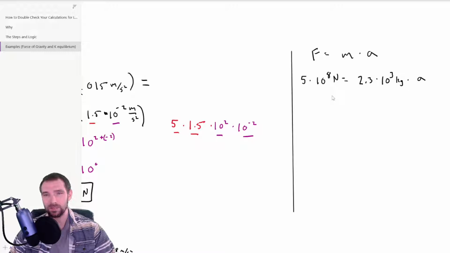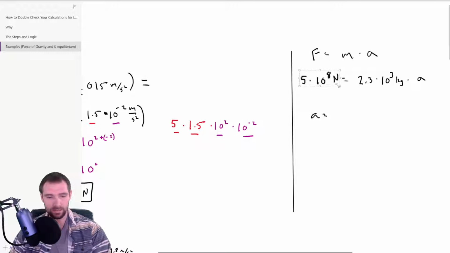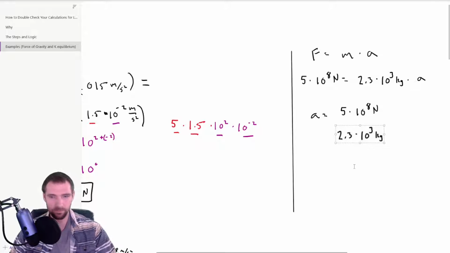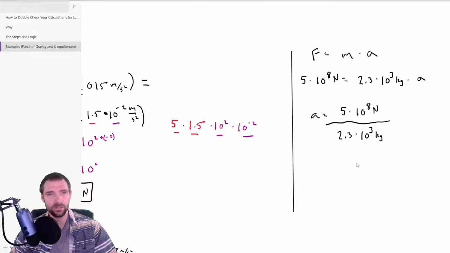Let's say if we rewrite this, we can divide both sides by the 2.3. And so A is going to be equal to its first number divided by that second number. Right here, something like that, right? And so if we have a problem like this, you could have your numbers in the front.